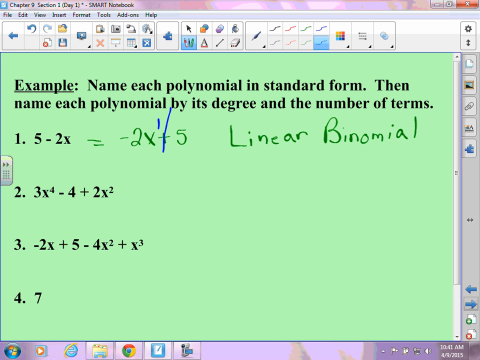Is this in standard form? It is not. What would be the first term? 3x to the 4th, and then? Good, plus 2x squared minus 4. So notice that I put my variables first, and I put the exponents in descending order. What's the highest exponent? 4. So what would I call it? 4th degree.